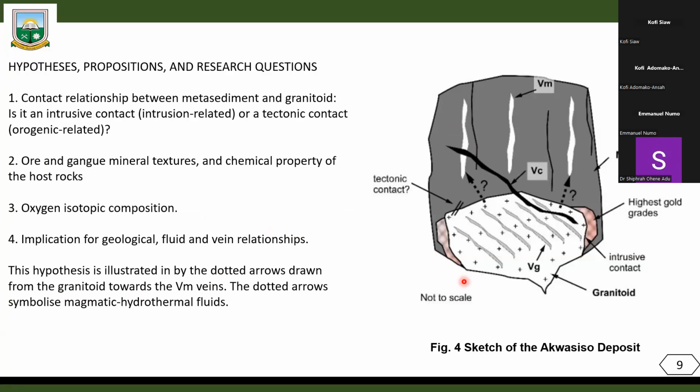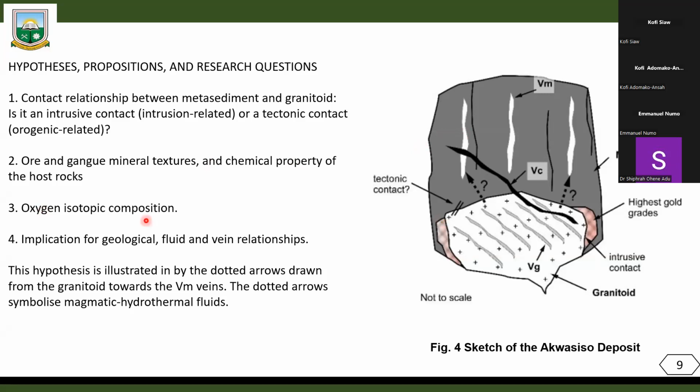So these are some of the hypotheses that I carried out, all based on the objectives. The main points are the contact relationship, the ore textures, the chemical property of the host rock, because the host rock here is a carbonaceous sediment, and that is what actually played a major role in the high-grade mineralization at the contact. And then oxygen isotope data.